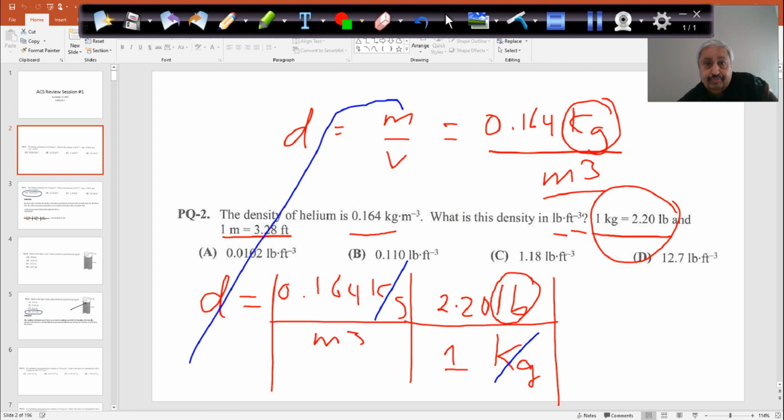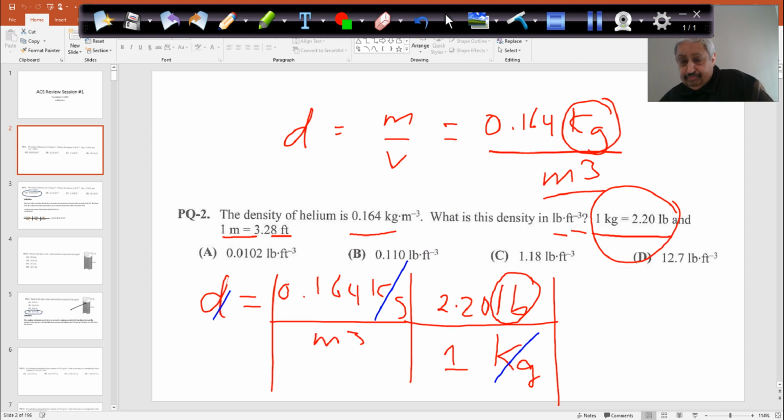Oops, sorry. Sometimes it does that. Okay, so then we have to get the cubic meter into the foot cube.